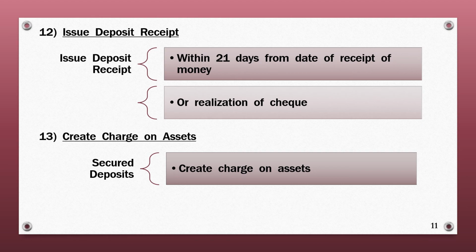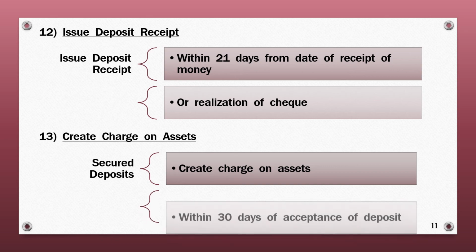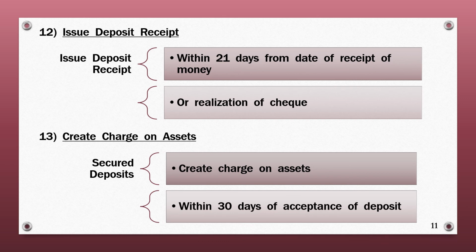Thus, the company by creating charge on assets assures the depositors that in case if in future it is unable to pay the principal amount, then it would sell this assets on which charge has been created and thus pay the amount back to the depositors. However, this charge has to be created within a period of 30 days of acceptance of deposits.